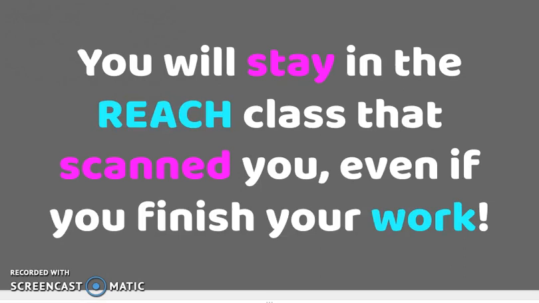Tuesday is math priority. I must go to math. I will get scanned in. That's how attendance is taken during reach. I will get scanned into my reach class, and I will participate in whatever that teacher has planned for me on that particular day. Again, it might be I'm being retaught a concept or a skill. I may be reassessed on a concept or a skill. I may be involved in some kind of extension activity.